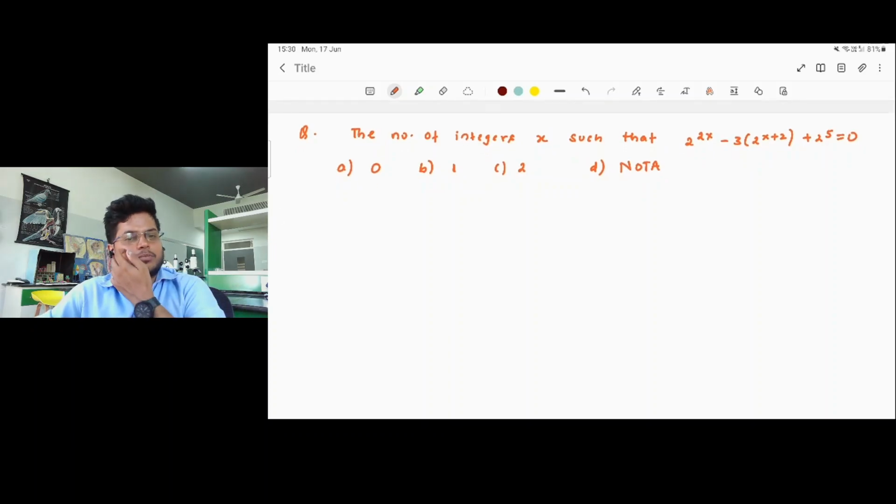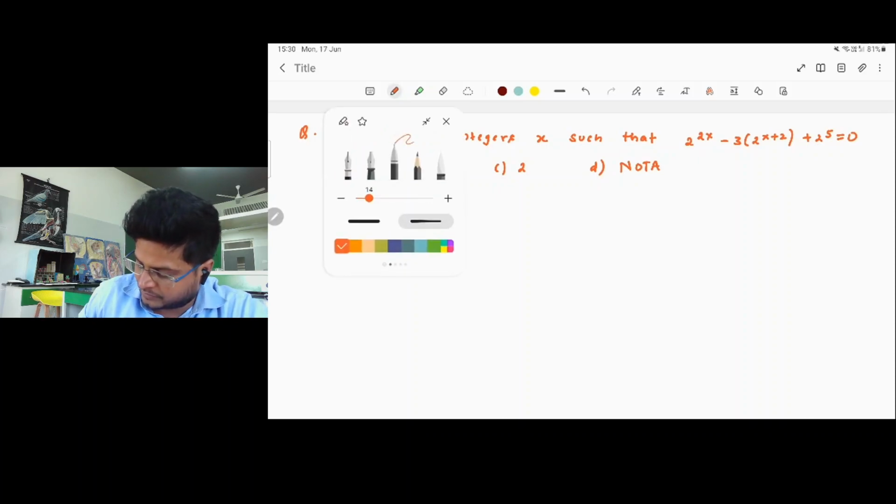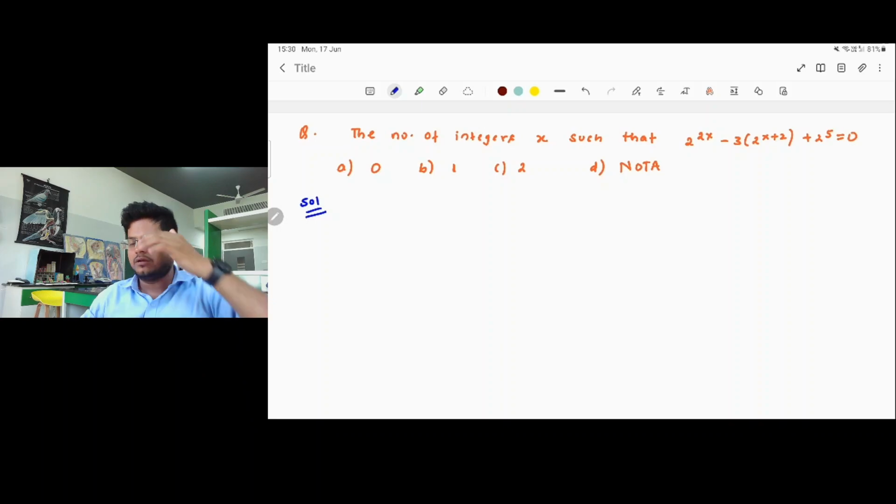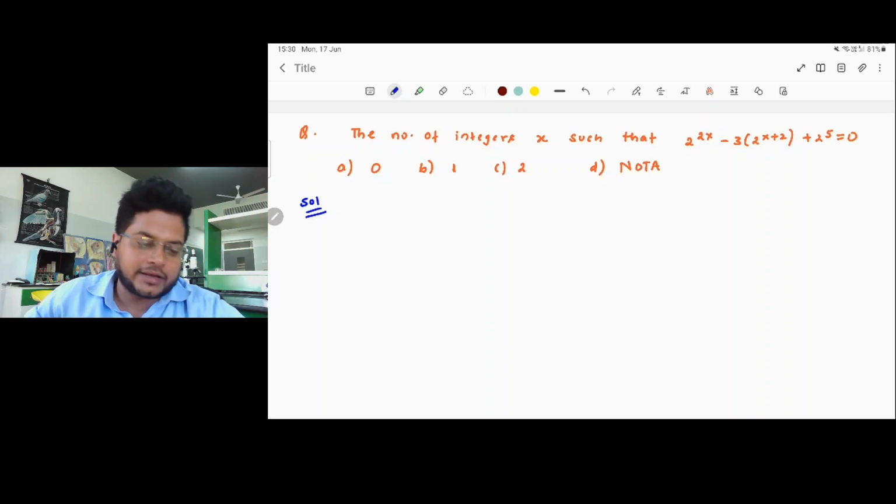So again, simple thing, pause the video, solve the question, and do let me know what answers you are getting. So this is also a single correct type, only one of the options is correct in the given question. So I'm solving again; how to proceed with this? First thought would be, is it a quadratic?